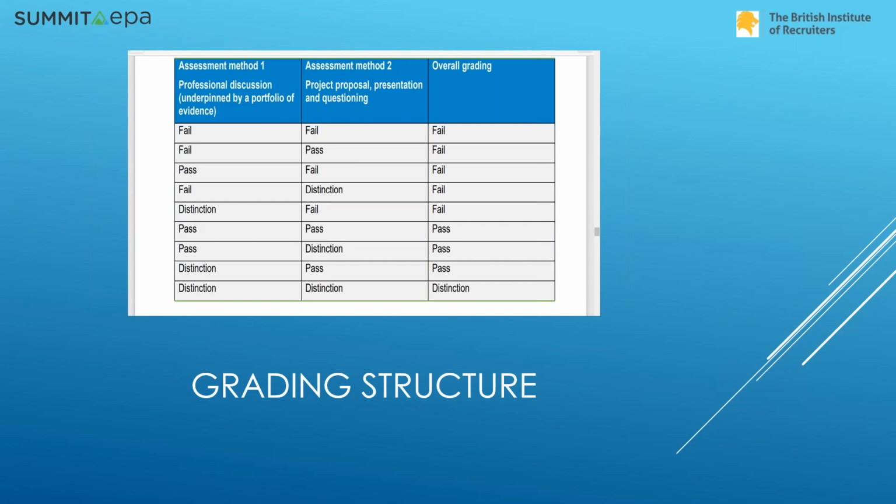There is only one method of getting a distinction, and that's getting distinctions in both areas. Unfortunately, if somebody passed their professional discussion but failed their project proposal, that will count as a fail. Even with a distinction in their professional discussion, if they failed the project proposal, it's still a fail. Because as I've mentioned before, they've got to pass all the pass criteria to gain a pass, and all the distinction criteria to gain a distinction.